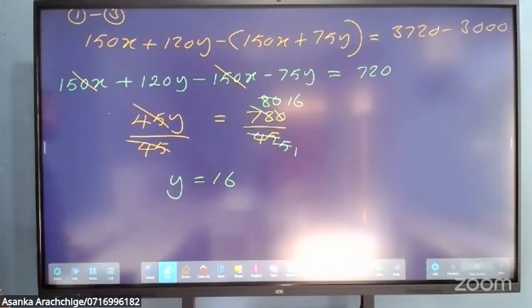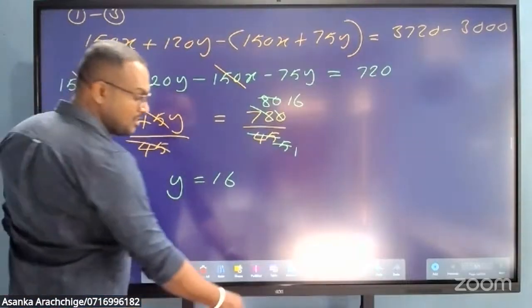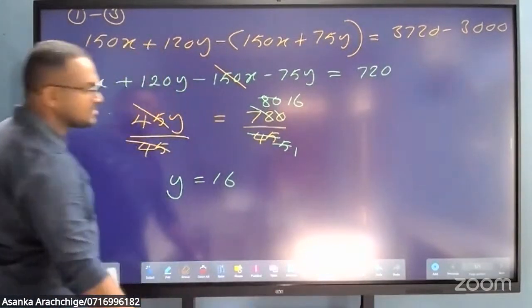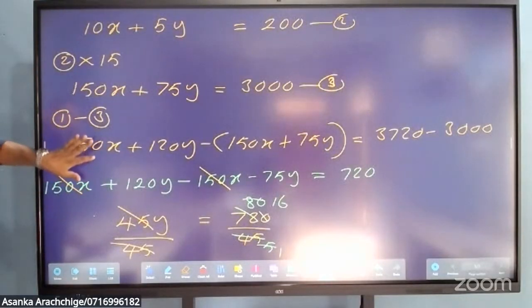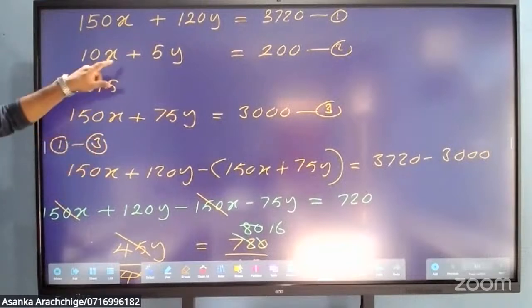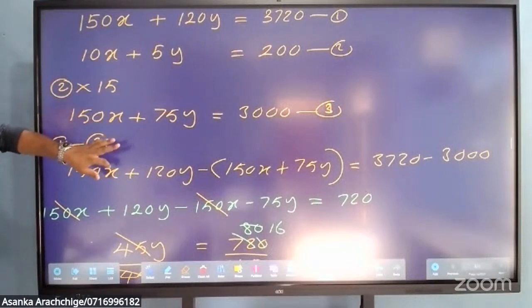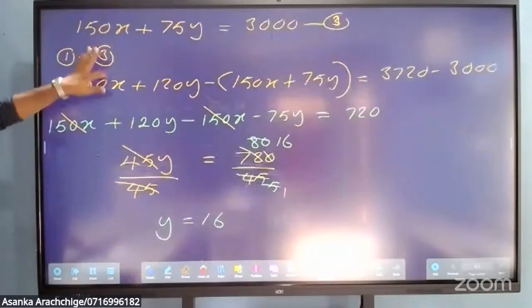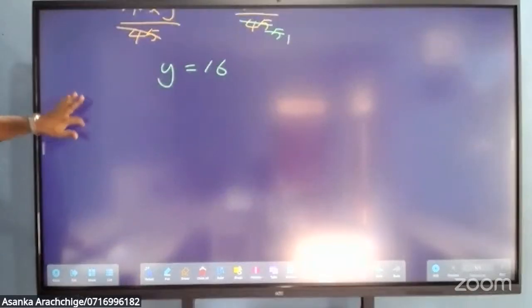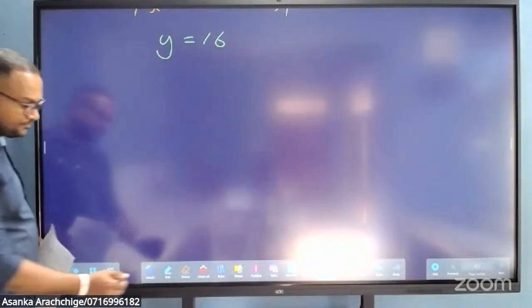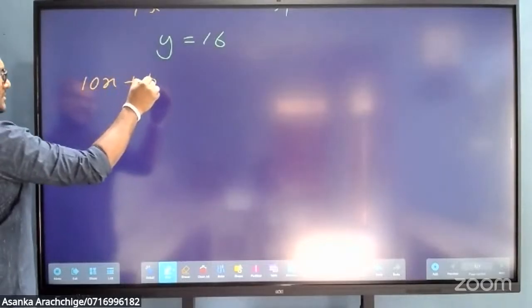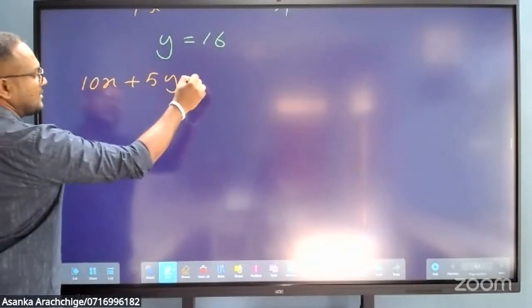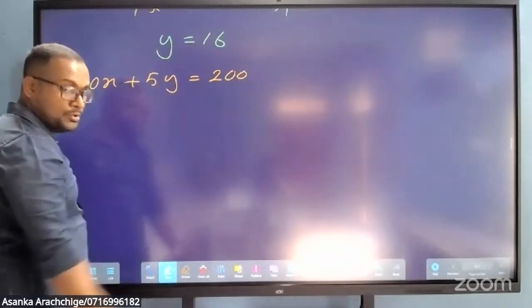Right. Then, by substituting the value of y in any of the equations you built above, you can find the value of x. 10x plus 5y is equal to 200.